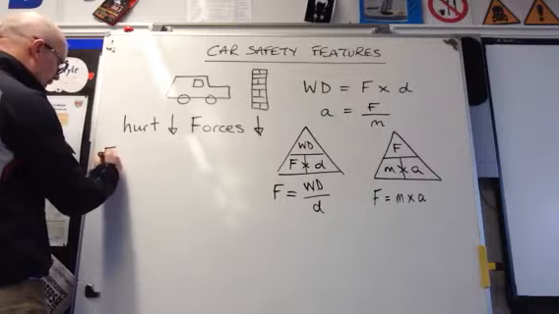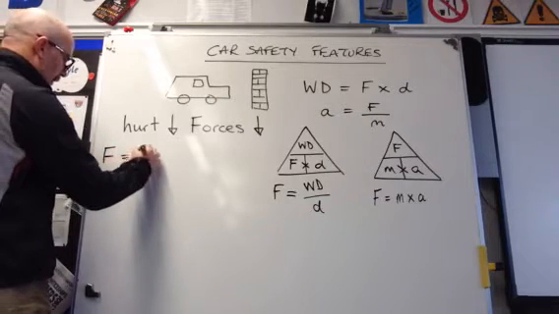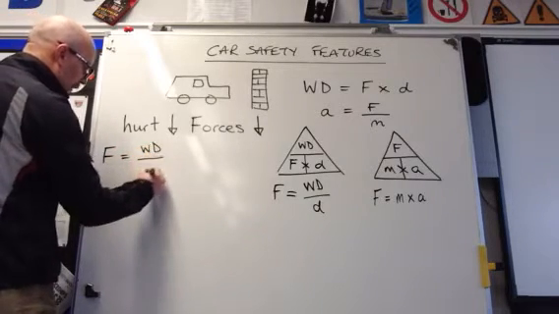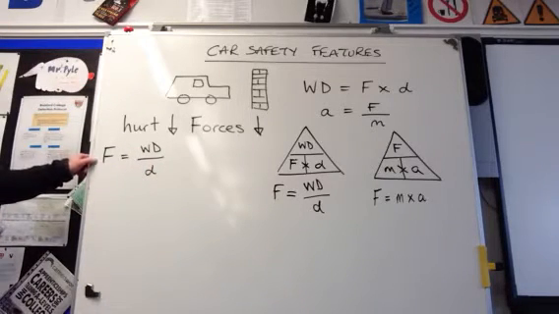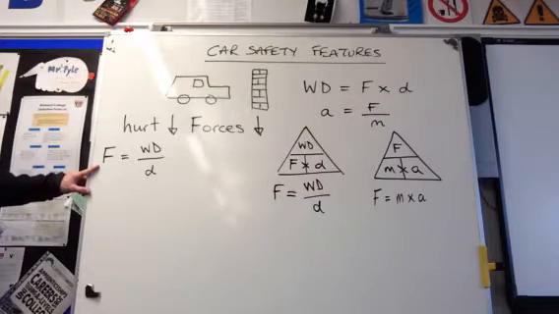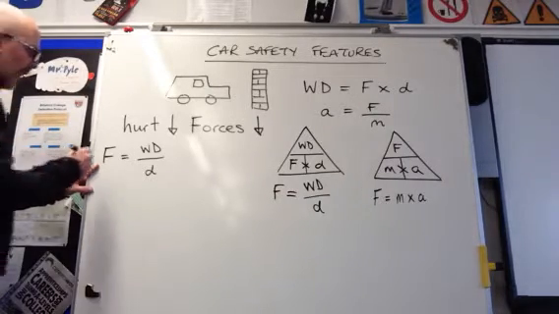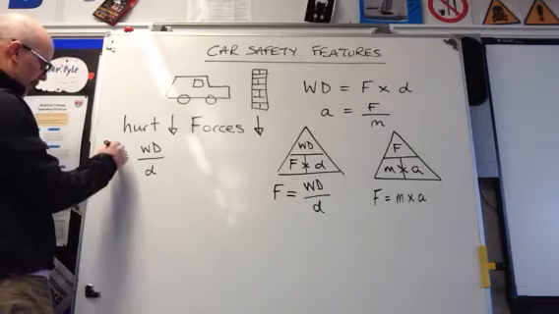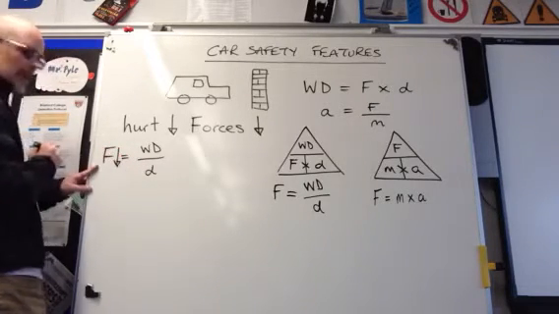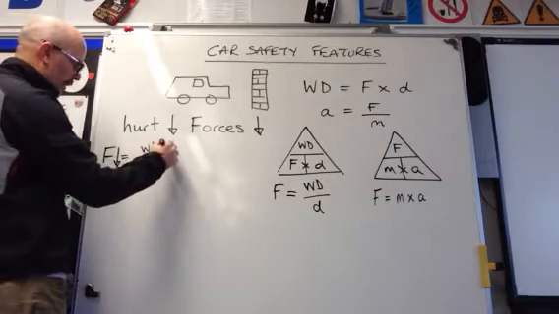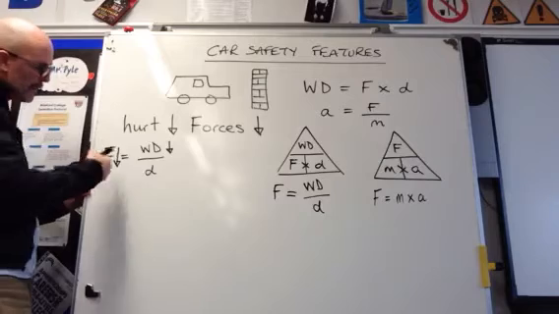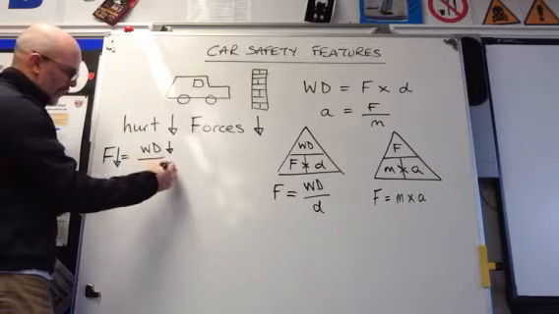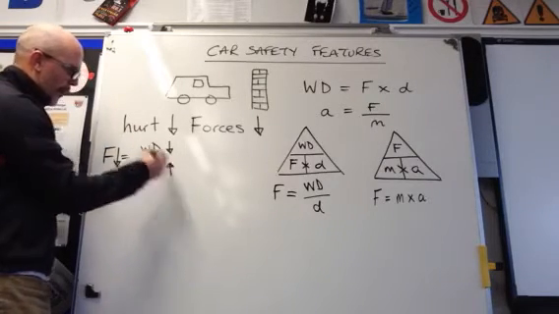So if we start with force equals work done divided by the distance, and I want to make these forces as small as possible, I've got two things I can do. Either I could make the work done much smaller, or the thing on the bottom of this fraction needs to get bigger.